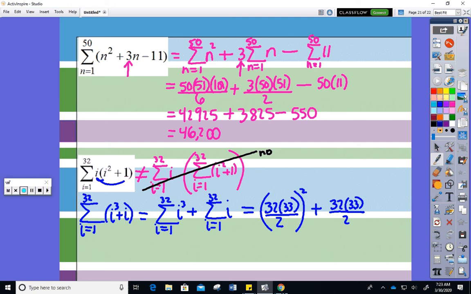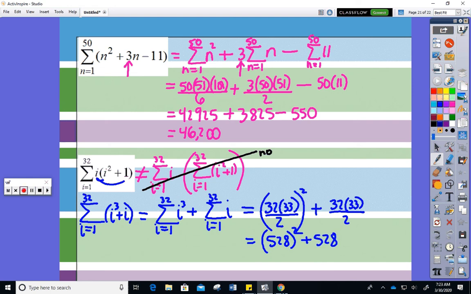So 32 divided by 2 is 16, so that's 16 times 33. I'm getting 528 squared plus 528. That's how that would work out.